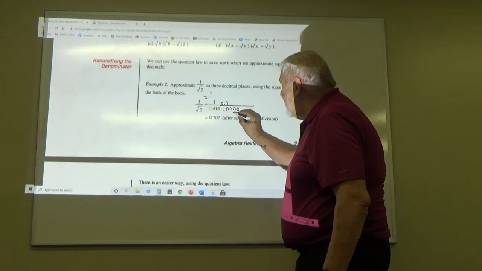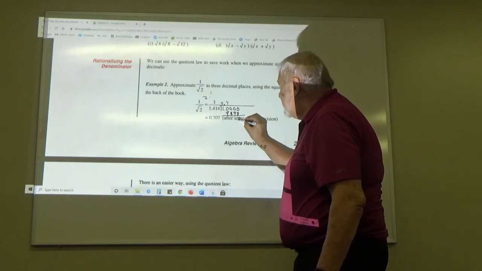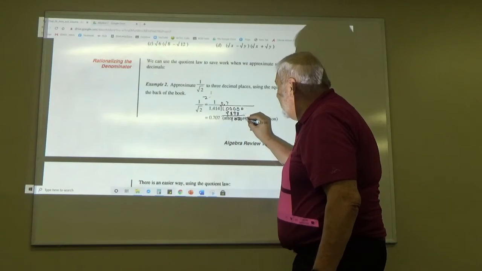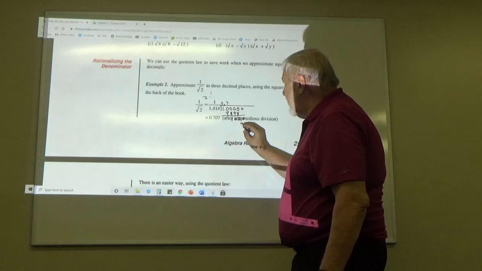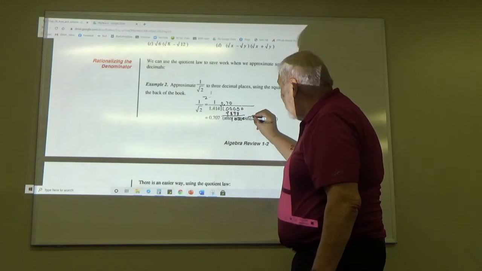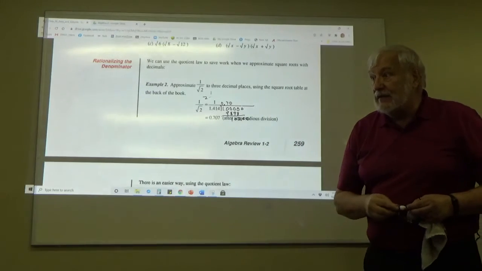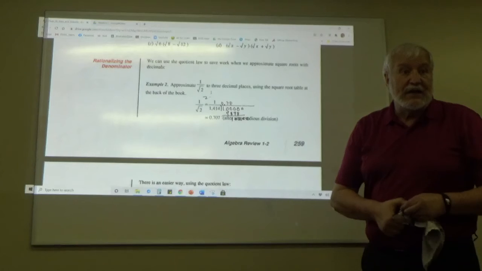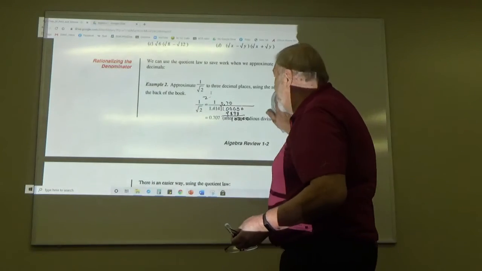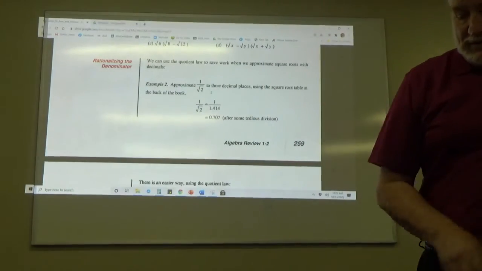That makes that 9, and that makes 8, and that makes 9. And then I subtract. Then I have another 0, and say how many times does 14 go into 10? It goes in no times, right? So I add another 0. That's how we used to have to do that because of not having calculators in the 8th grade. But now that we're here, you just have to learn how to put it in the calculator.